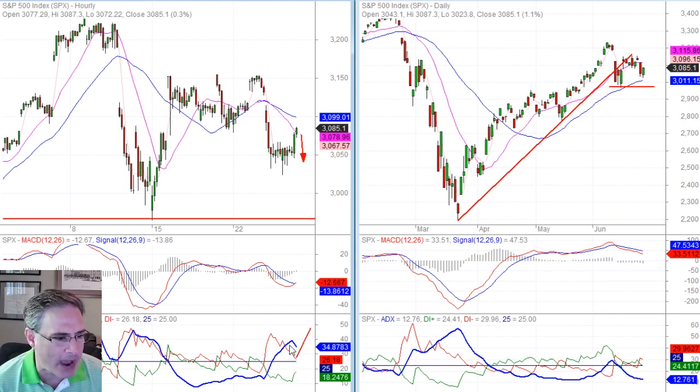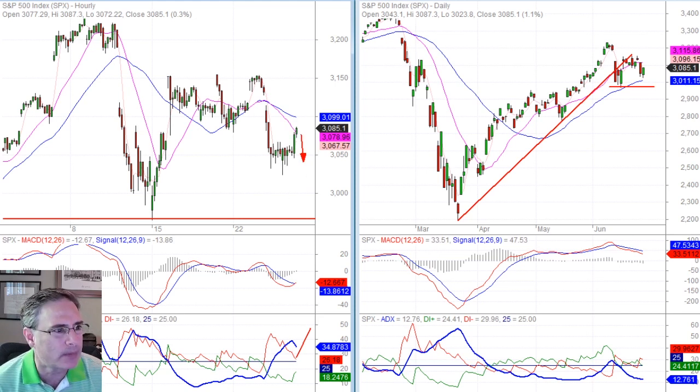I'm looking for this pattern. We have not had it. And there's no reason to go short if your hourly can't turn the ADX down and get the sellers to take over control. There's just no reason to be a strong seller of the market. We've got to wait for that to take place. That's really what we're on the lookout for.